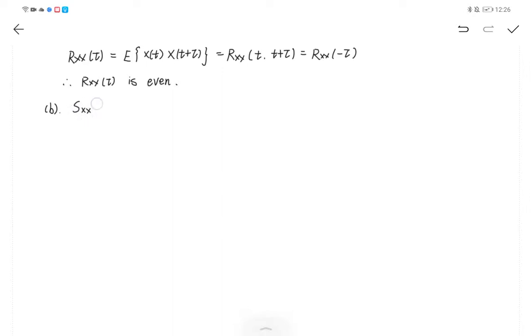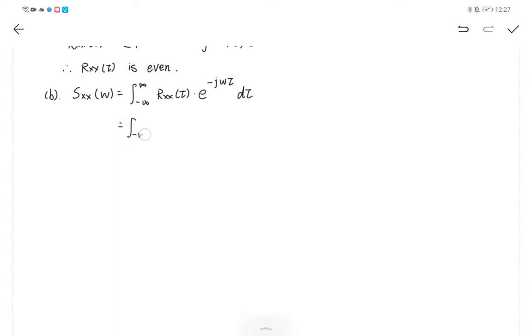We know Sxx(omega) equals the integral from negative infinity to infinity of Rxx(tau) times e to the power minus j omega tau d tau, and it equals the integral of Rxx(tau) cosine omega tau d tau minus j times the integral from negative to positive infinity of Rxx(tau) sine omega tau d tau.